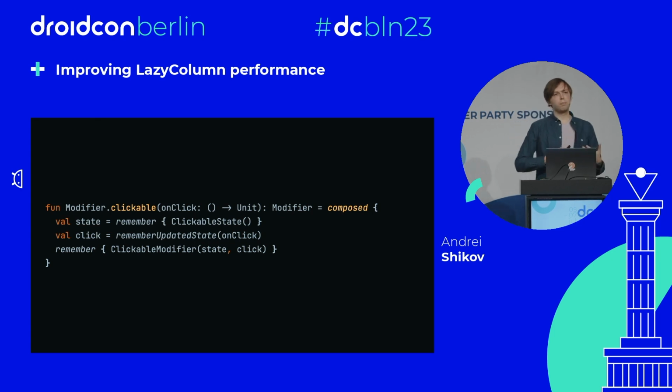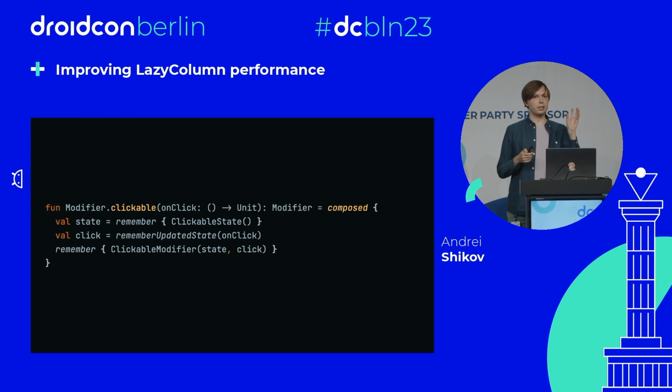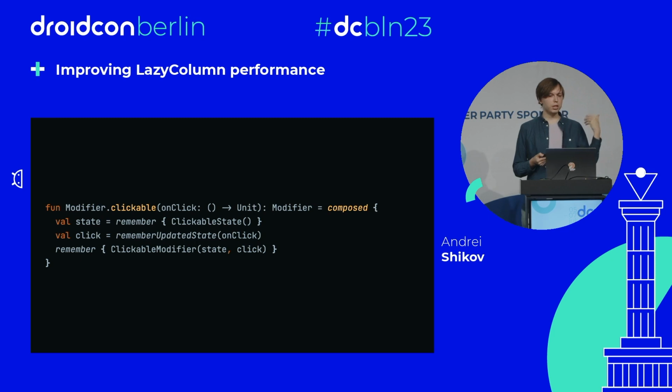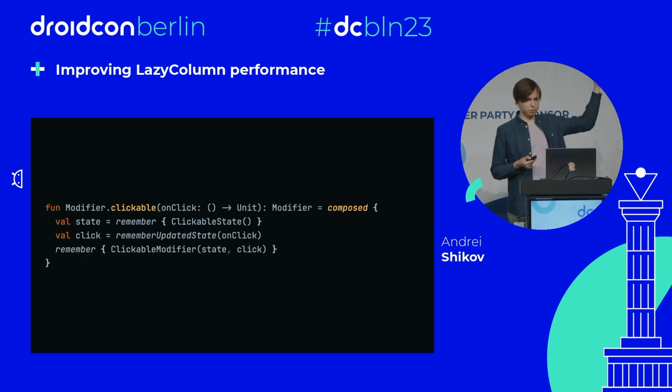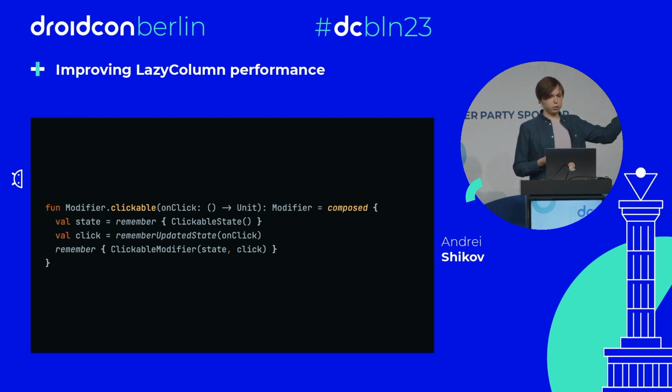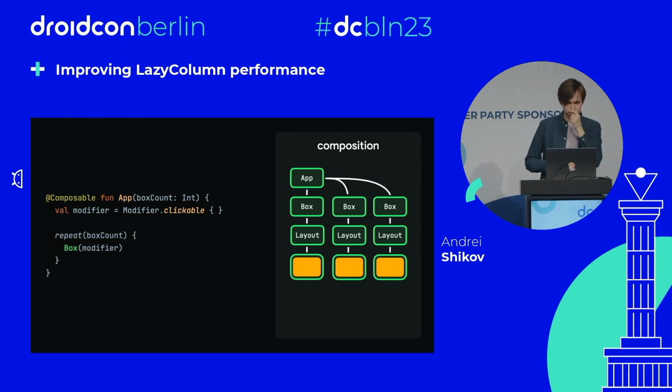So modifier composed was an abstraction that was created to make sure that modifiers can have state that is unique for each layout node. They achieved that using composition. As you can see, it's just a bunch of remembers, and those remembers were used whenever you propagate a node.